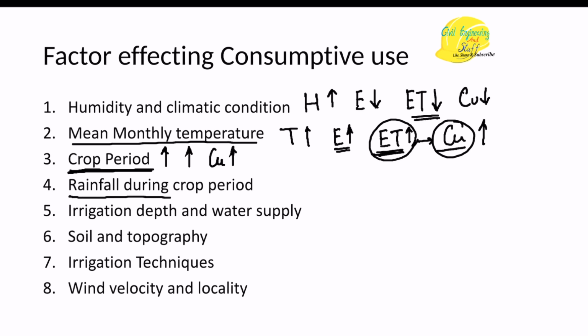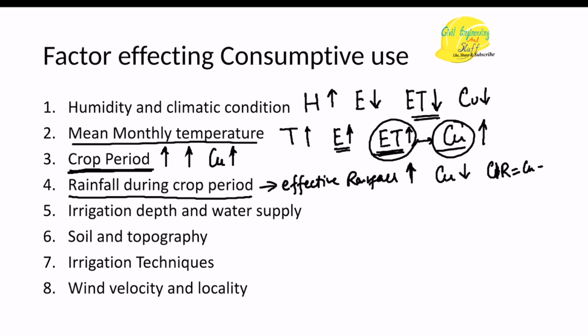Next we have the rainfall during the crop period, and if we discuss in terms of the effective rainfall, if the effective rainfall increases, then of course the consumptive use will decrease, because CIR value is CU minus RE.